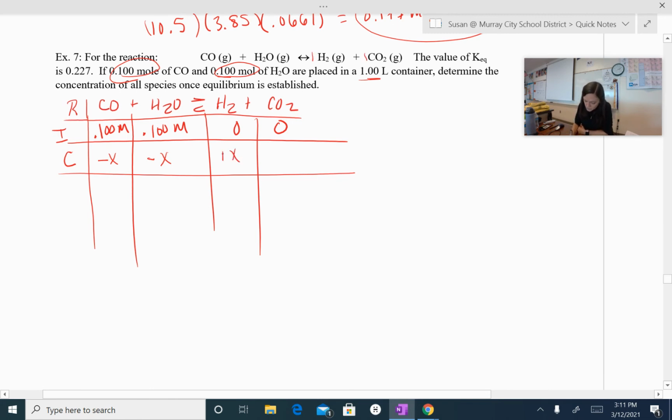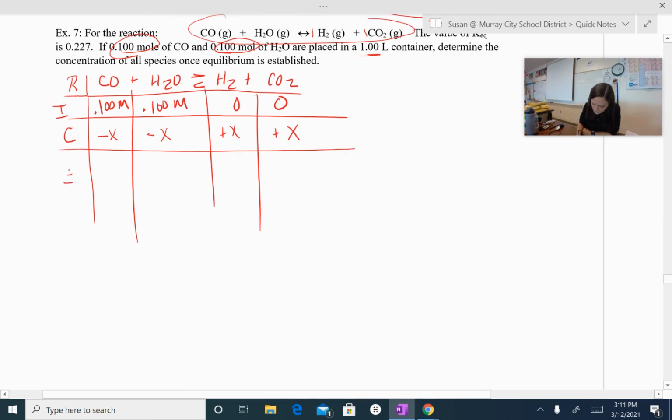So this is going to be positive X, and this is going to be positive X. Be aware of your stoichiometry here. Make sure that those coefficients match up with the variables that you're putting in your ICE chart. So our equilibrium line, we are going to have 0.1 minus X and 0.1 minus X and X and X.